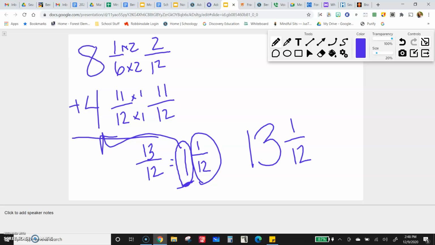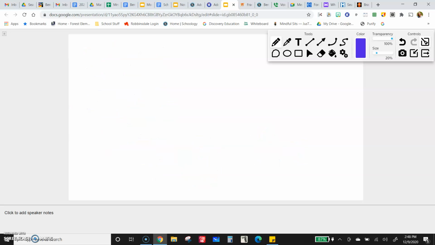Let's take a look at another one like that. So say I had 1 and 4/9 plus 3 and 5/6. Okay, what common denominator can I use?